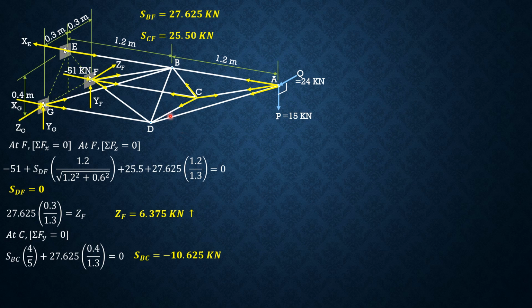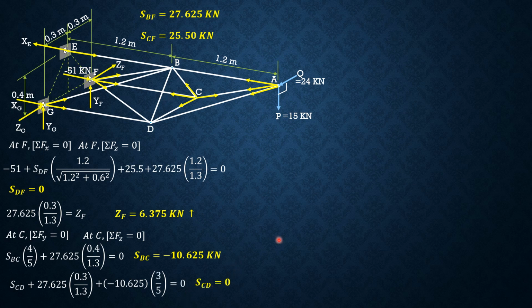Then summation forces along Z to solve for SCD. So SCD plus 27.625 SAC times 0.3 over 1.3 plus SBC, which is negative 10.625 times 3 over 5, equals 0.